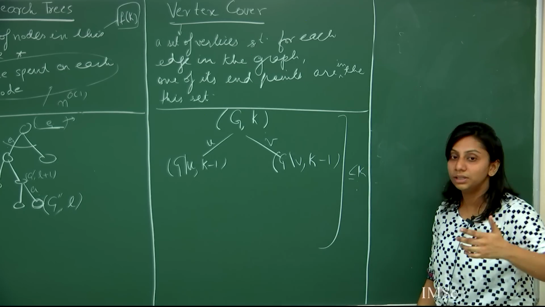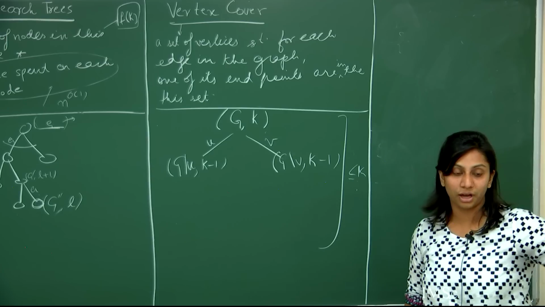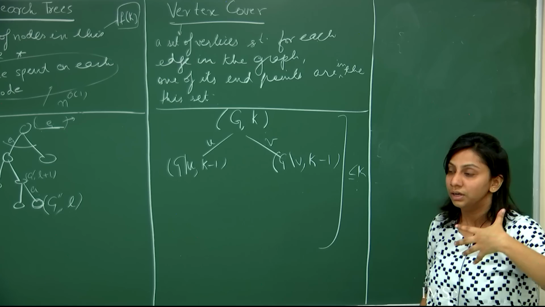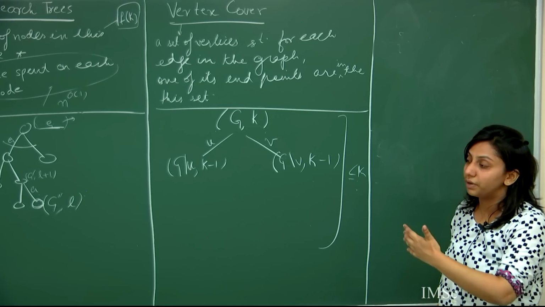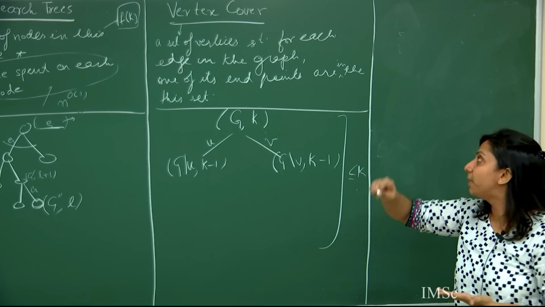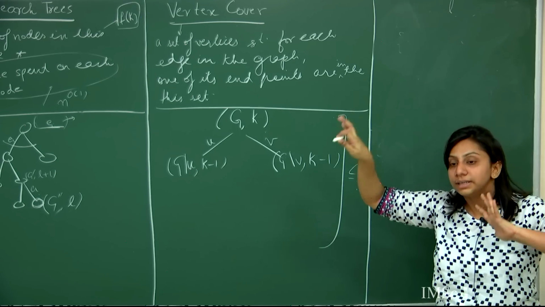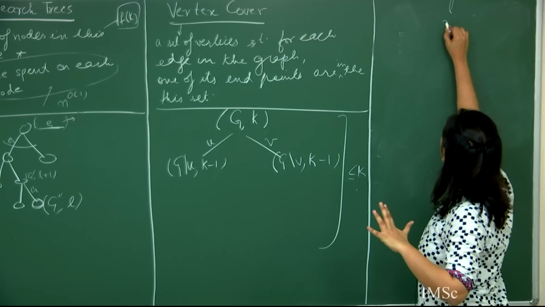Now just recall that in a tree where every internal vertex has at least 2 children, if the number of leaves in that tree is bounded by, say, L, then the total number of vertices in that tree is 2L minus 1.